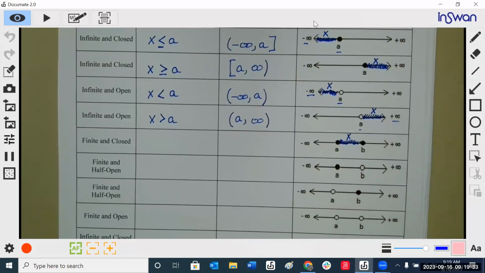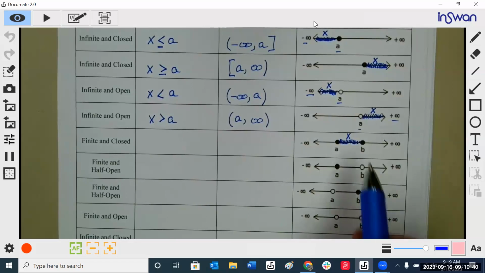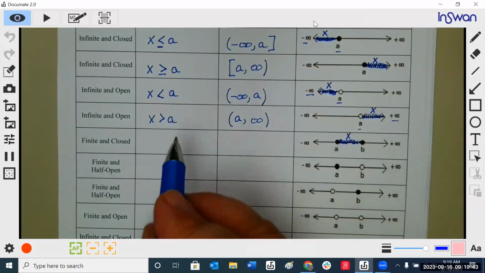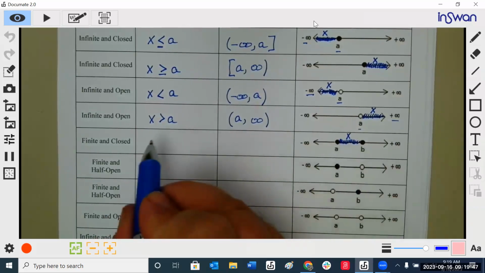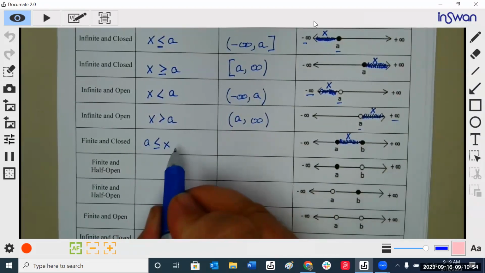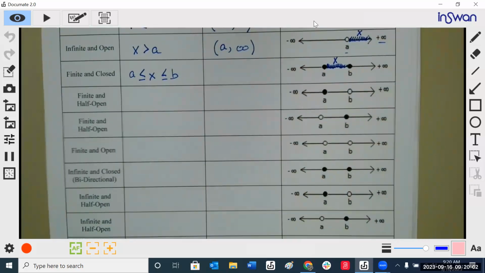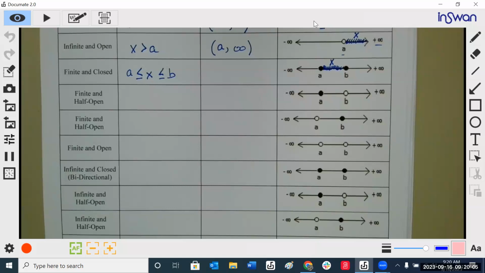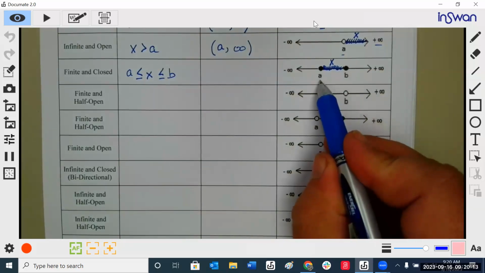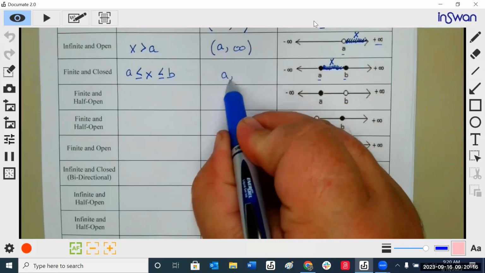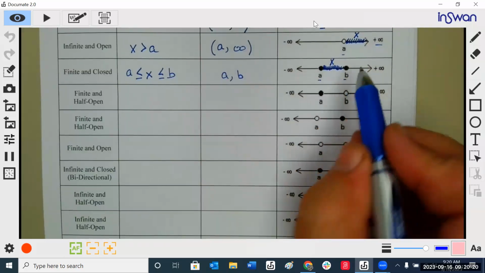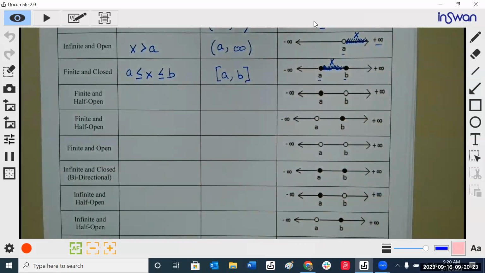That's my X. Let's look at X. X is larger than A, so we have A is less than or equal to X, which is less than or equal to B. On the interval, our lowest is A, our largest is B, so it's A comma B. And they're solid dots, so we can use them, so it's bracket, bracket. I'm between there.